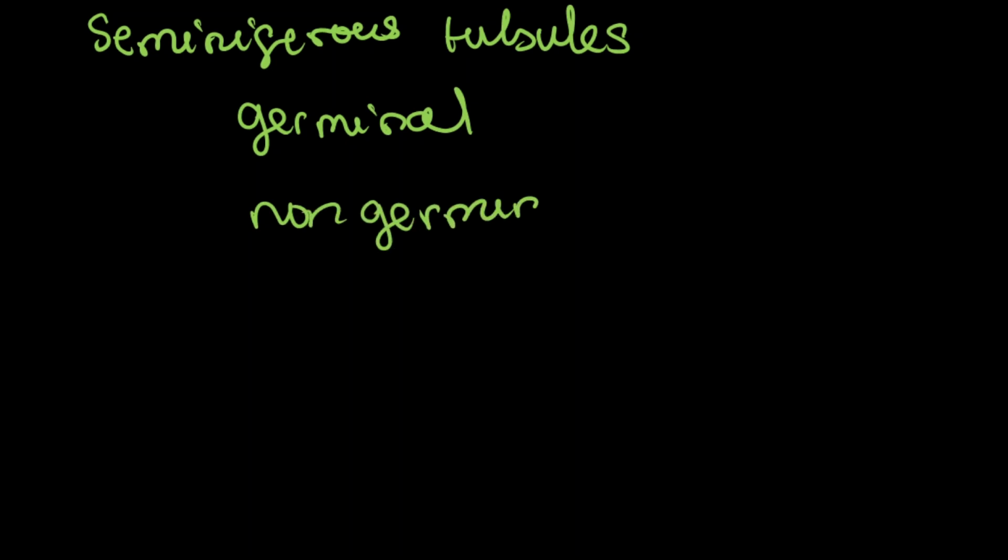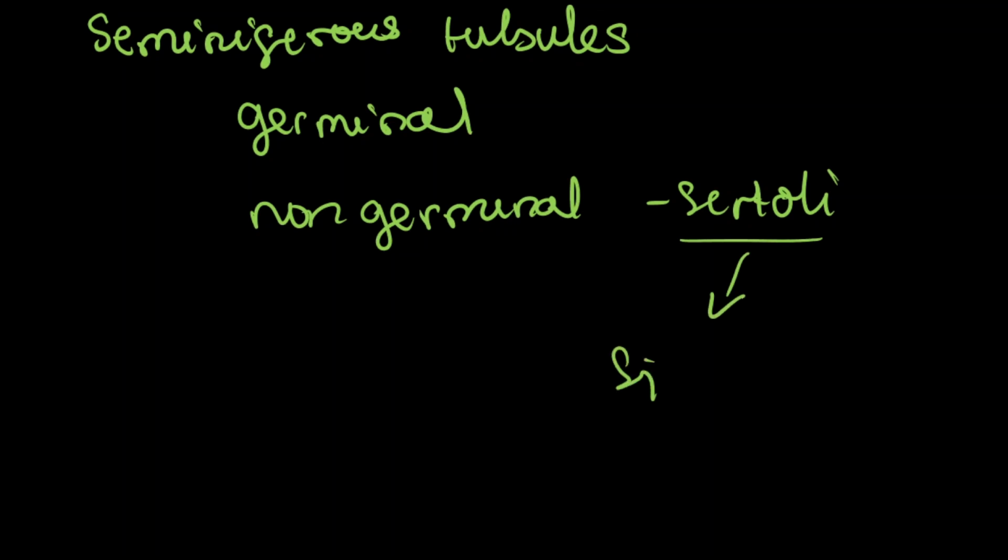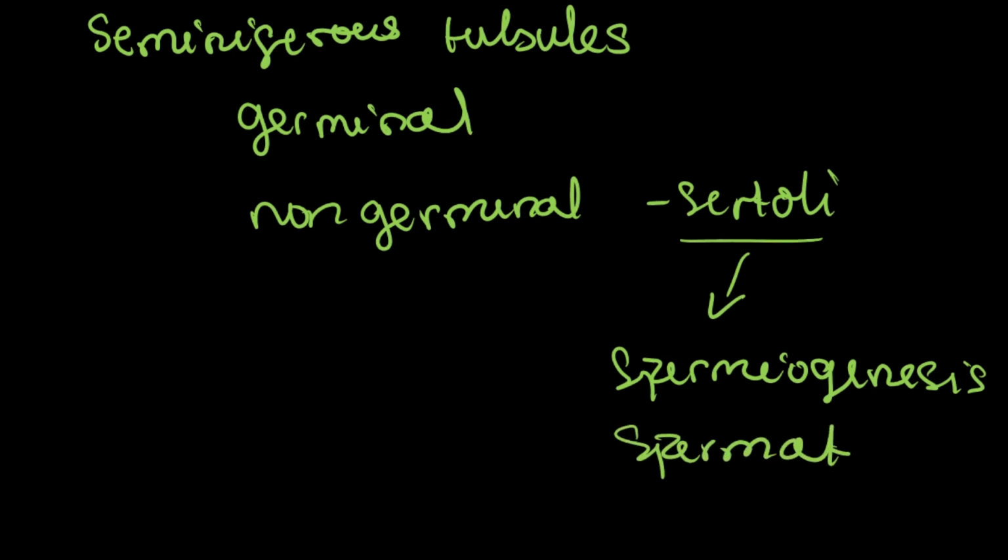The non-germinal cells are the Sertoli cells, and as we would go on to see, these Sertoli cells actually help in spermiogenesis. Spermiogenesis is the morphological conversion from spermatids to spermatozoa.